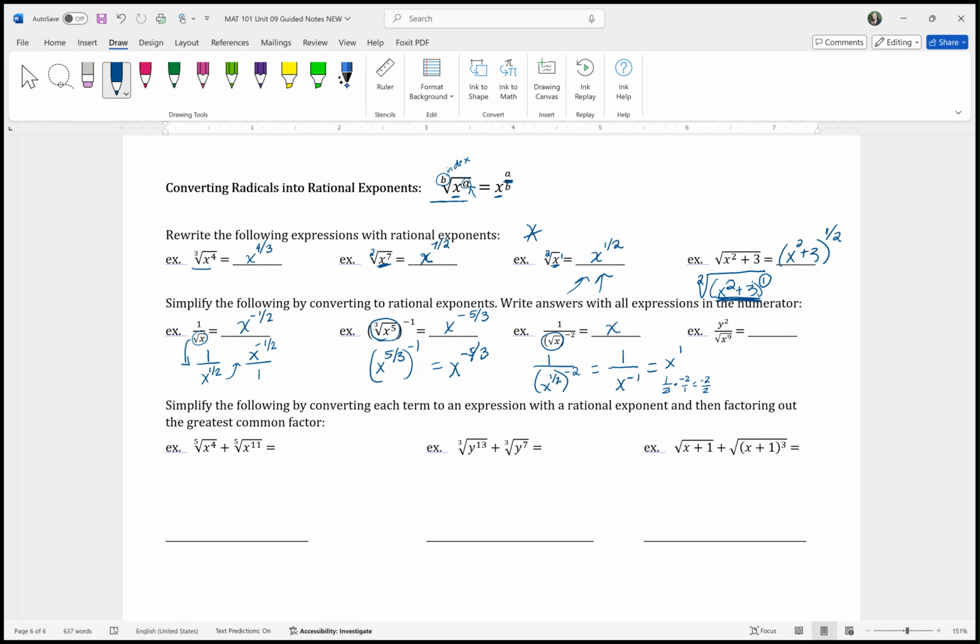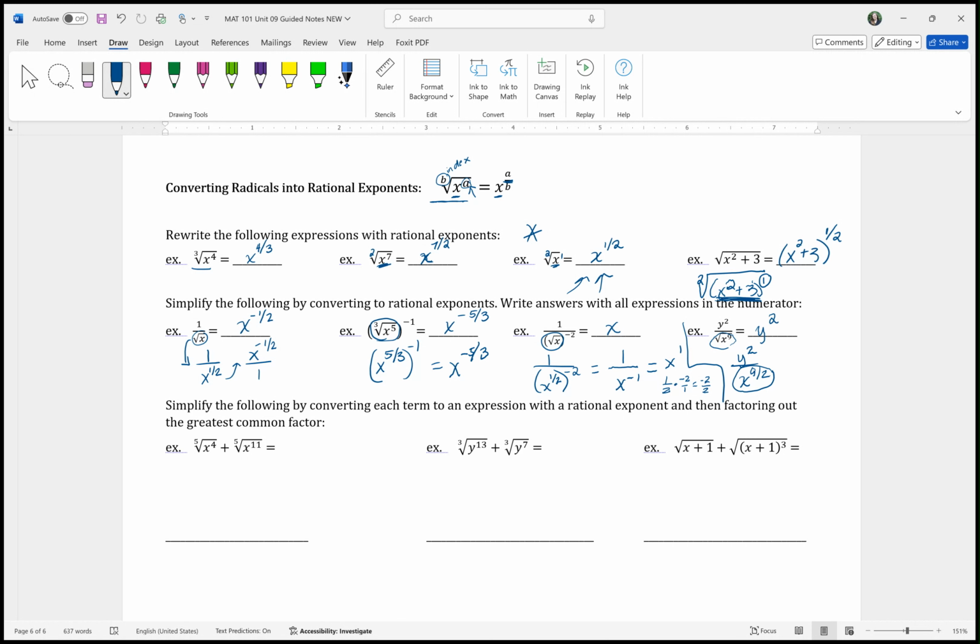We like that. Let's look at our last one here. We've got y squared, and let's simplify this bottom here. So we've got x. Our inside exponent is 9, and we're dividing by the index of 2, but we want everything in the numerator. So this is going to be y squared. How do I bring this x to the 9/2 up?